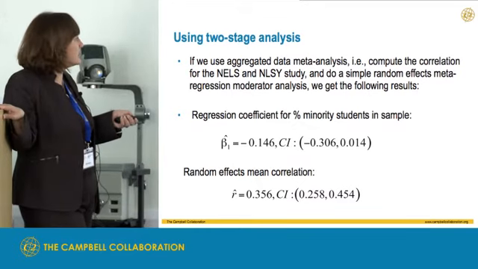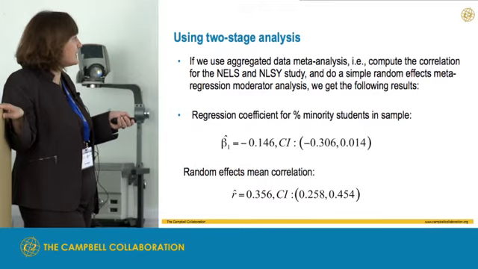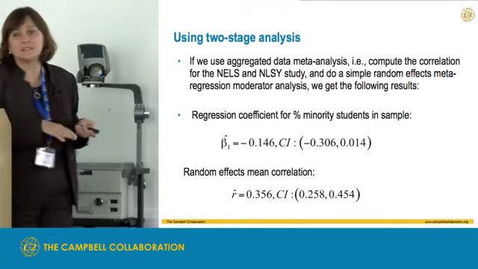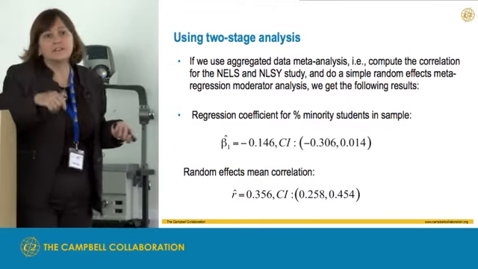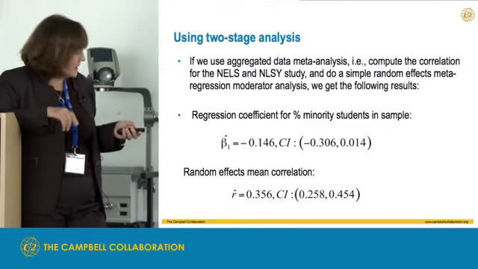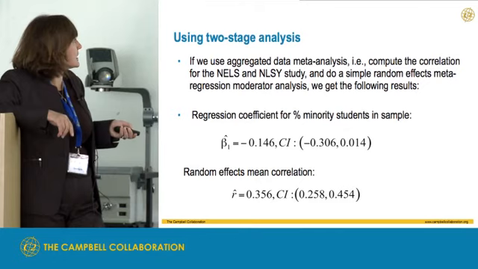Okay. So basically, the random effects mean correlation is about 0.356 with that confidence interval. Okay. That's treating the individual level data as if it was just aggregating it up to the study level.